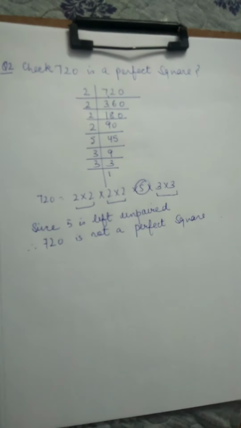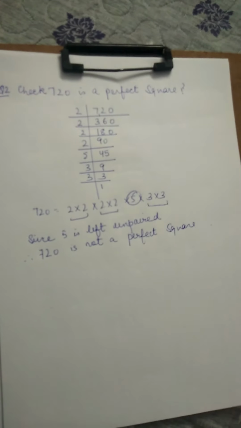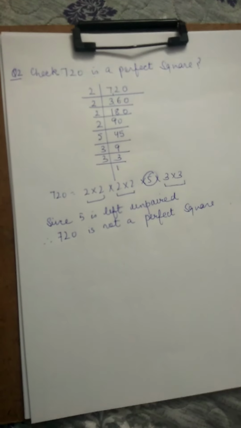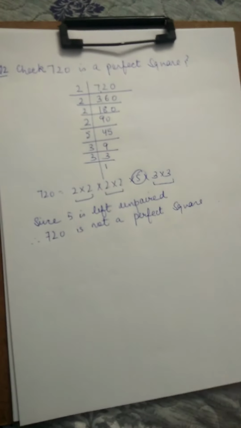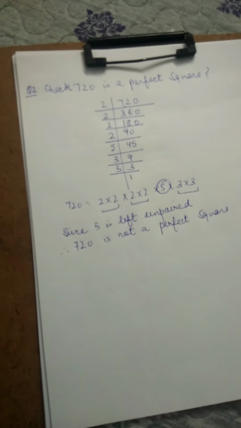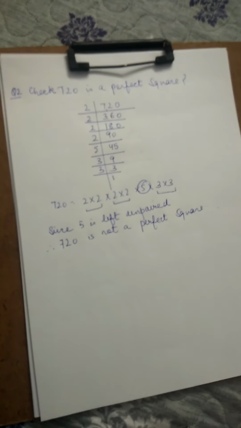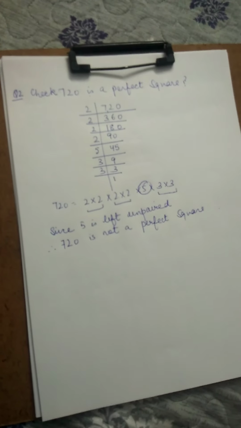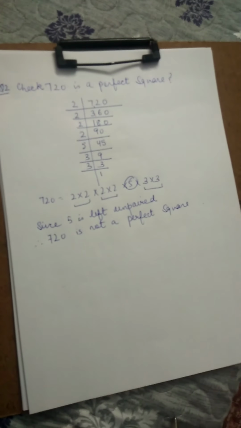Now this was the method by prime factorization. We have certain properties also that even by looking at the number without finding its factorization, we can tell whether the number will be a square number or not.